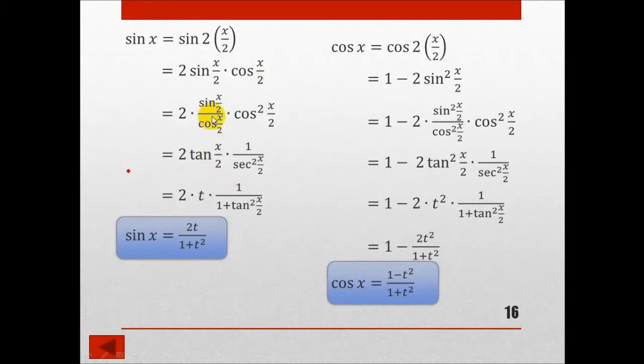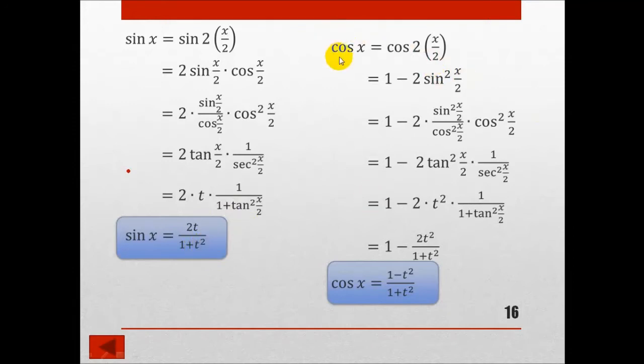Sine over cosine is tangent, and cosine squared x over 2 becomes 1 over secant squared x over 2. We already know that tangent x over 2 is equal to t, and using the previous result we get 1 over 1 plus tangent squared x over 2. So sine x is equal to 2 times t over 1 plus tangent squared x over 2.